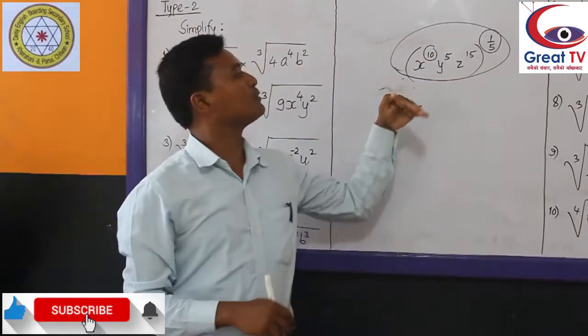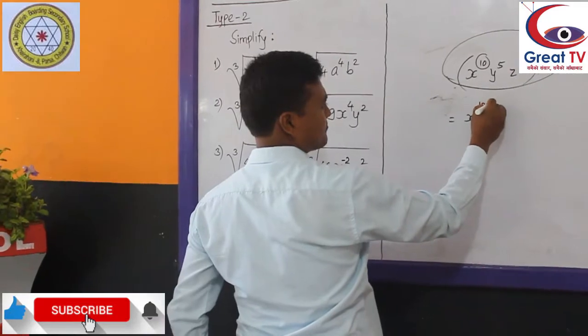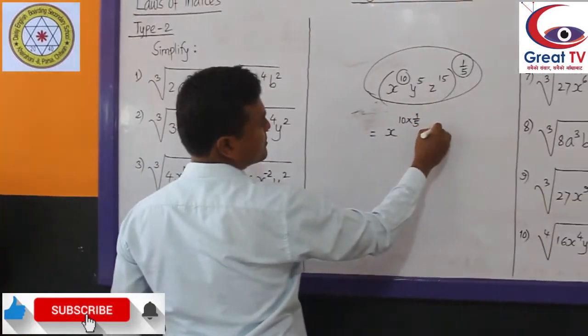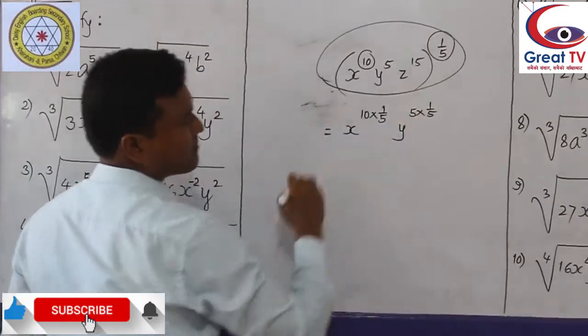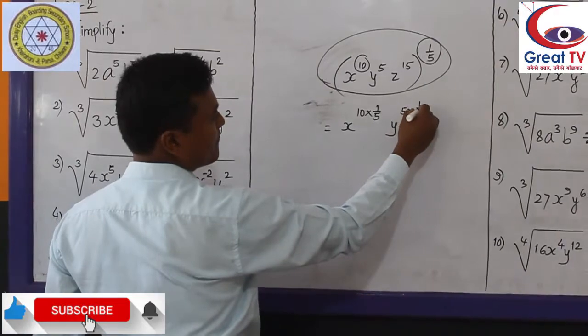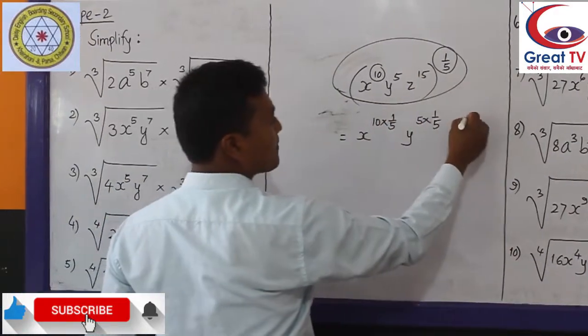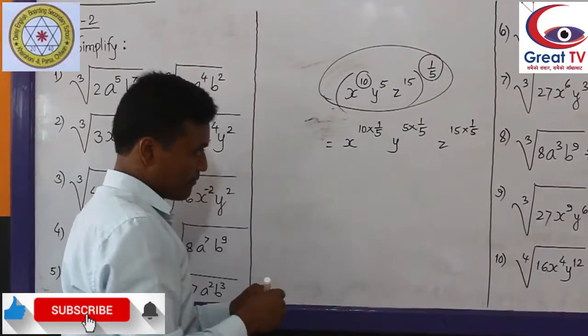Using power of index, we say powers are multiplied. x to the power 10 times 1 upon 5. Then again, y to the power 5 into 1 upon 5. Similarly, here we have z to the power 15 into the whole power 1 upon 5.